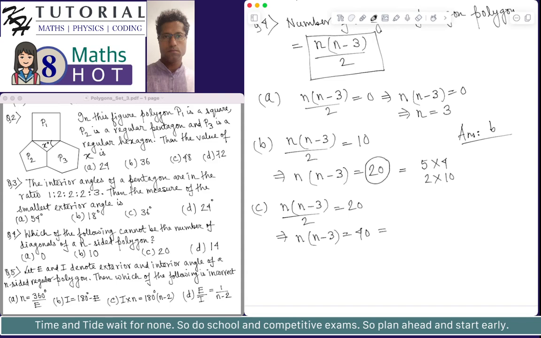Clearly 8 and 5 is one such factorization, because 8 is multiplied by 8 minus 3. So 20 is the number of diagonals when n is equal to 8. So definitely 20 is a valid number of diagonals.